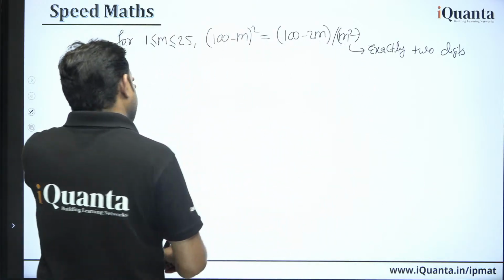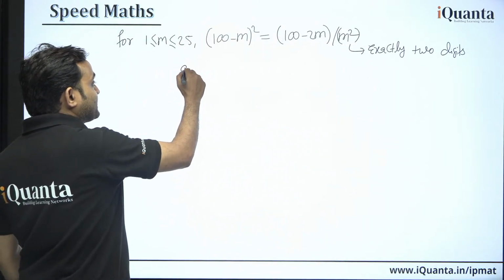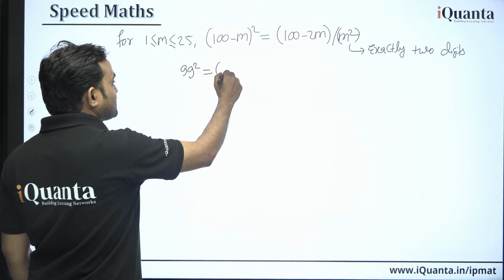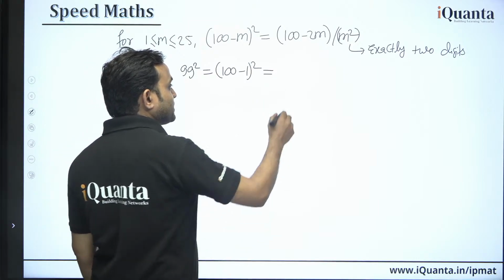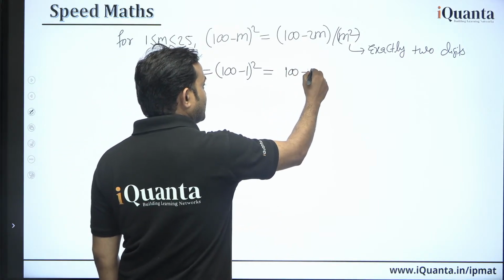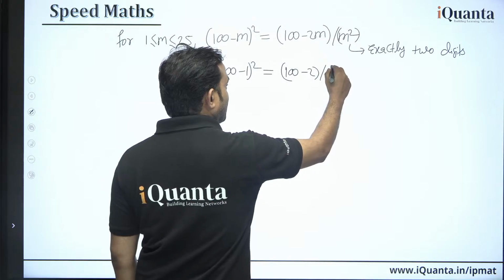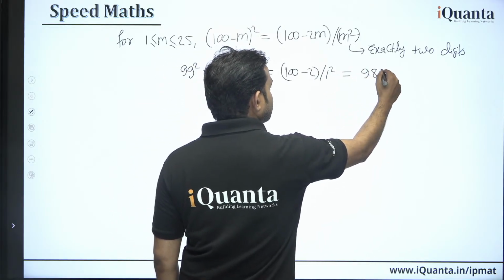So if we need to find 99 square, 99 is nothing but 100 minus 1 whole square, which will be equal to 100 minus 2, 1 square, which is 9801.